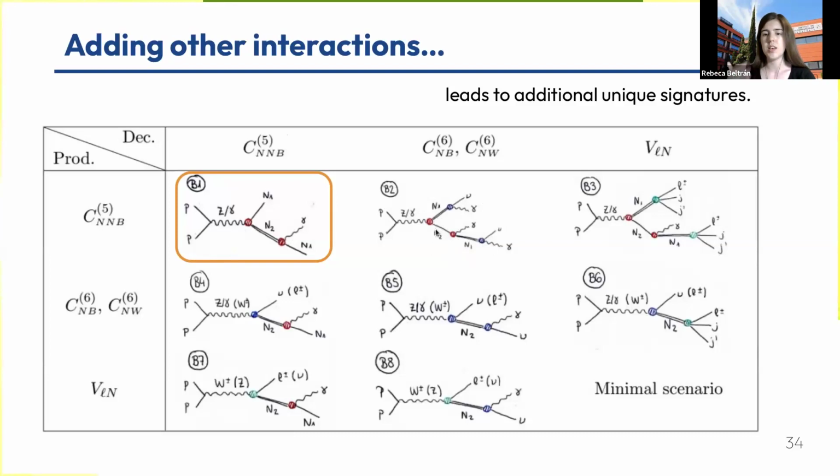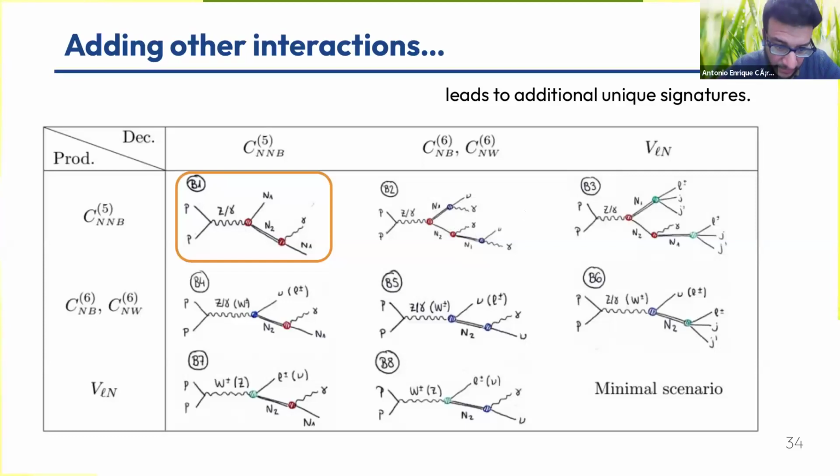But because there are a lot of Zs and Ws produced at the LHC, this would be very difficult to distinguish from standard model processes. So that's why we restricted ourselves to the photon case. In here, we considered it in the computation of the decay width, but we do not include it as a final signal state.